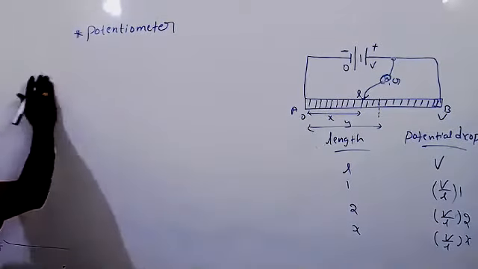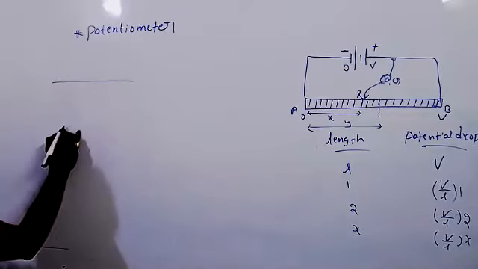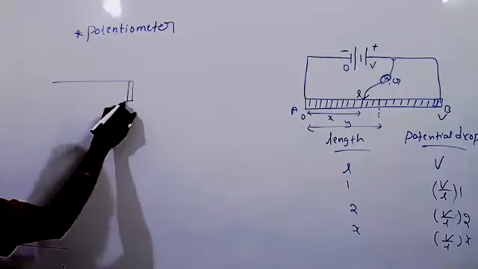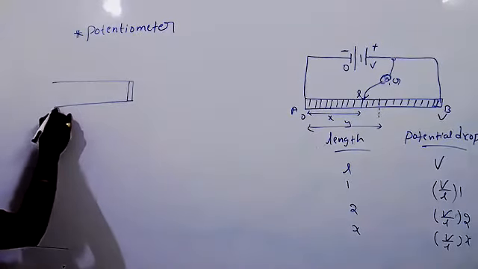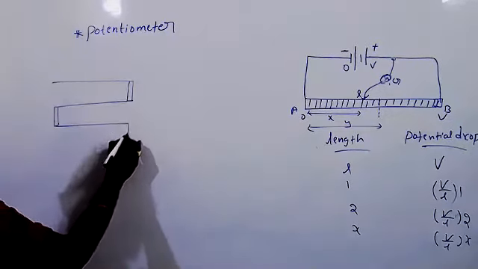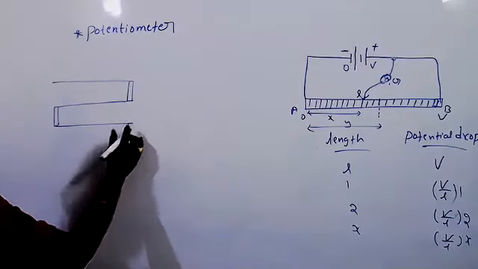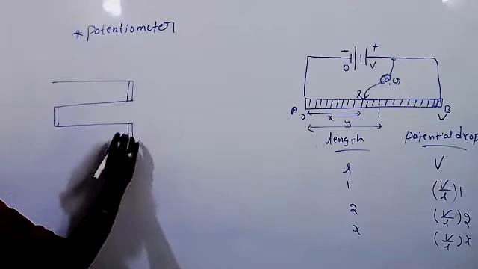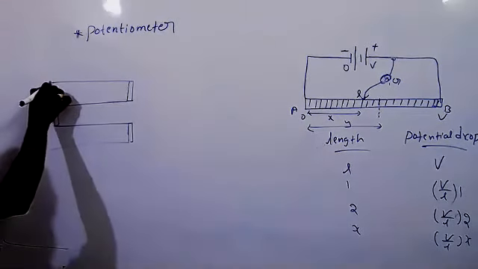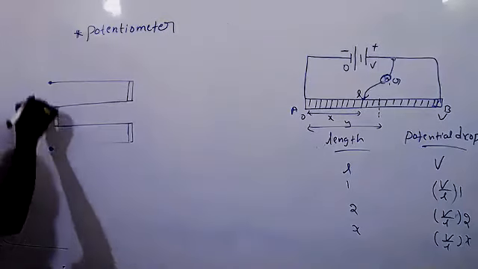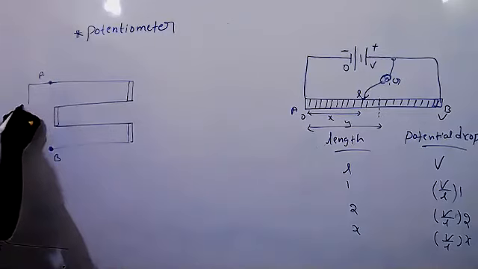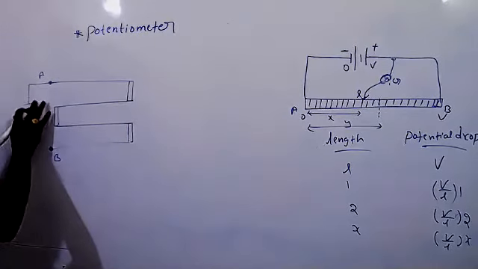So according to the textbook: wire, one copper strip, one more wire, copper strip, wire, copper strip, wire. It is A and B. Now here we have to connect one battery.